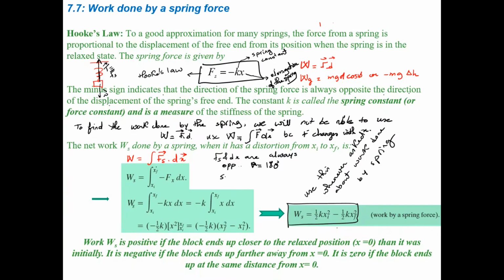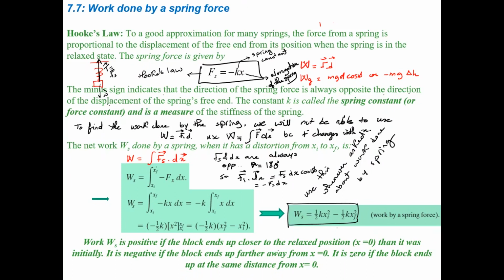So Fs dot dx is equal to Fs dx cosine 180, which is minus Fs dx. So I was able to resolve the scalar product into scalars, and thus my integral of Fs dot dx becomes an integral of minus F dx.